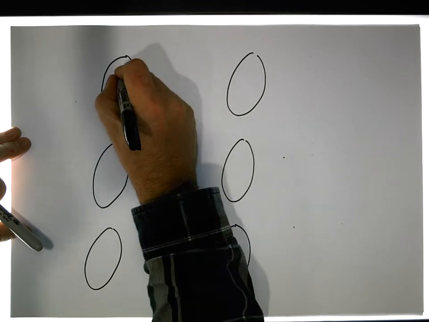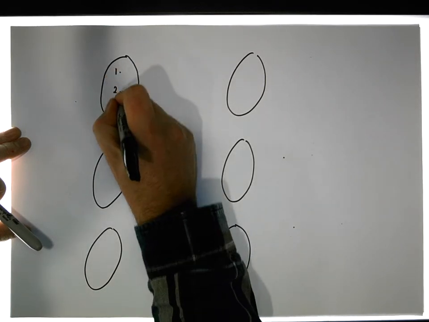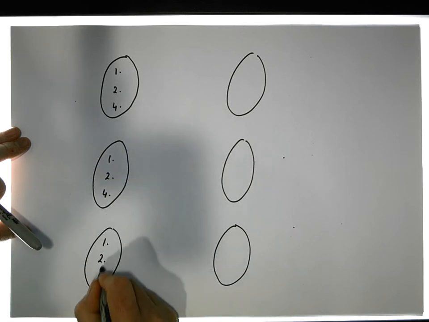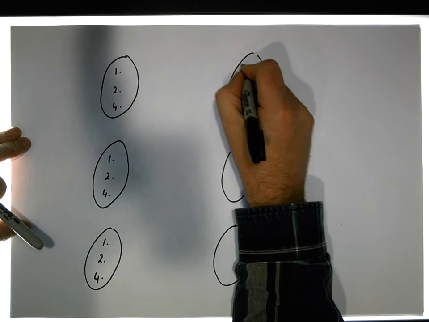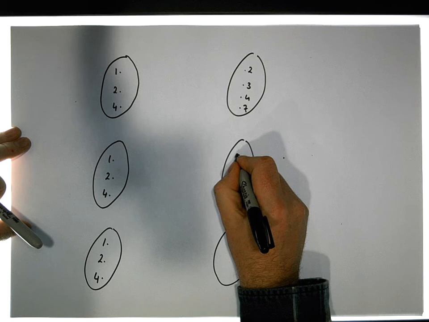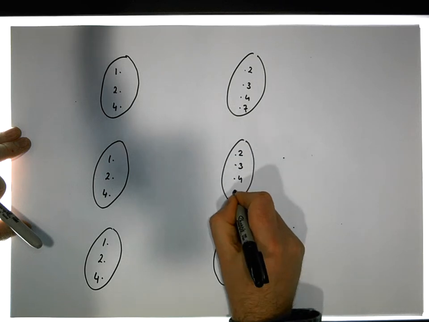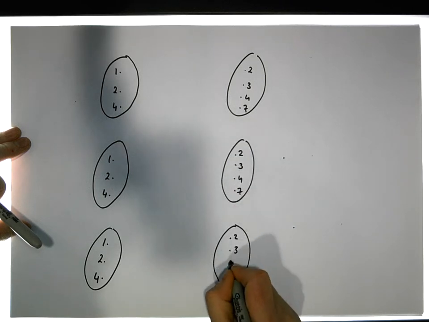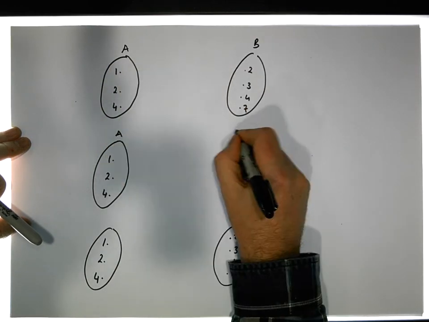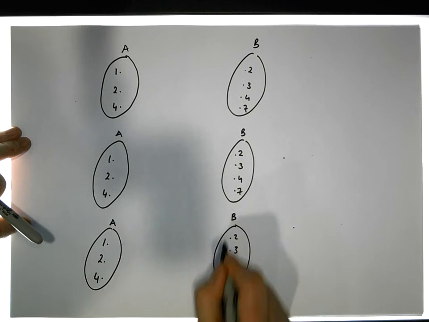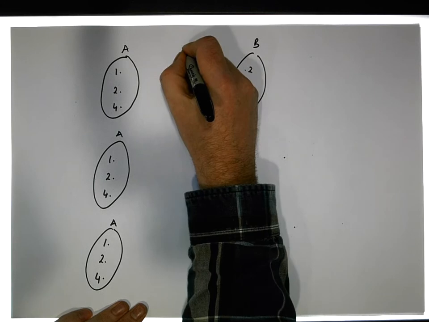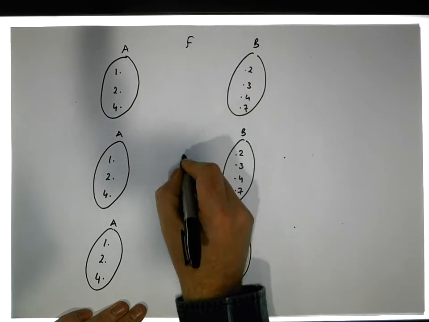The set here is 1, 2, 4, and the set over here is 2, 3, 4, 7. This is A, this is B, for each of the three. We're going to consider 3 relations: F, G, and H.